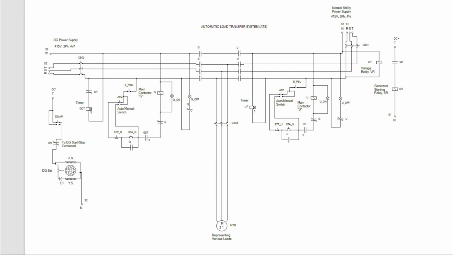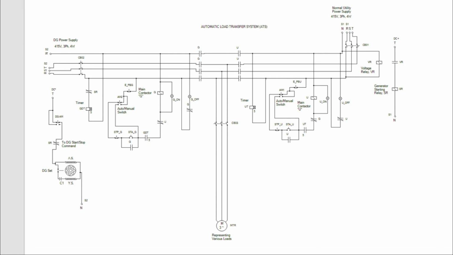This ATS is used to transfer the power supply from one source to another alternative source with minimum downtime. The ATS that I'm going to present here is break before make, meaning that if one power supply source is suddenly interrupted or manually switched off, then the alternative power supply will take place and feed the load.